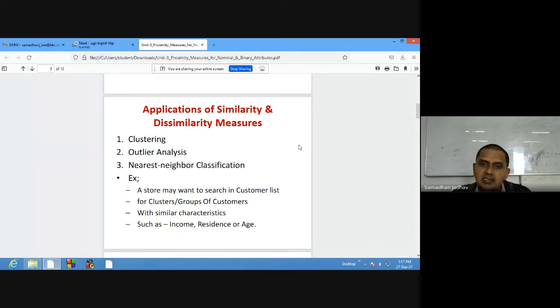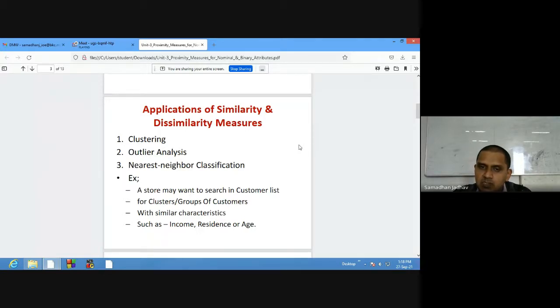And the third application is nearest neighbor classification. This is where we classify the objects, again, based on their similarity and dissimilarity measures. We can take an example of a store which wants to search a customer list for clusters or groups of customers having similar characteristics.